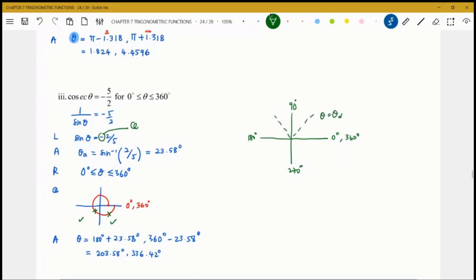It lies on here. Saya buat rotation. So di sini adalah theta sama dengan 180 tolak theta alpha. Di sini adalah 180 tambah theta alpha. Theta sama dengan 360 tolak theta alpha. Okay, so that's for part 3. Okay, ini kita tak ada perubahan range.